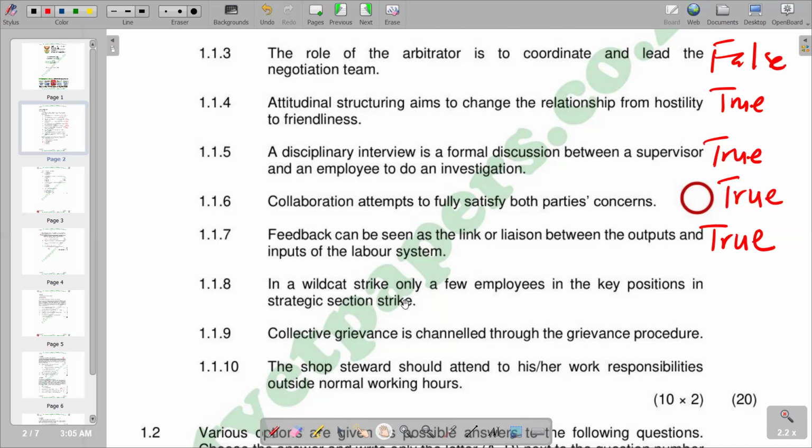So we are seeing that the emphasis on this statement is that only a few employees in key positions in the strategic section strike, which is not correct. The number is not limited. So we have our statement 8 false.